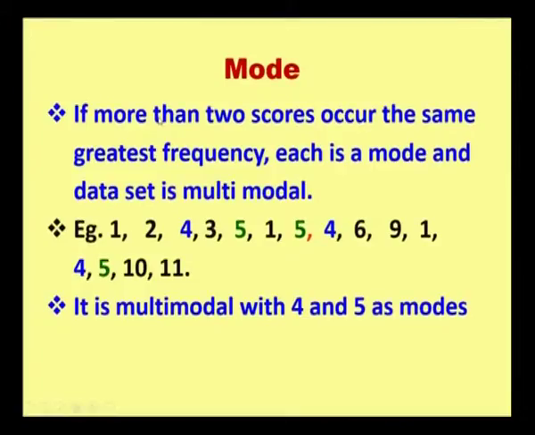Similarly, if more than 2 scores occur with the same greatest frequency, each is a mode and the data set is multimodal. You look at the data, and here the value 4 is occurring 3 times, and similarly the value 5 is also occurring 3 times. Therefore, 2 values are occurring with the greatest frequency, and it is multimodal with 4 and 5 as the modes.